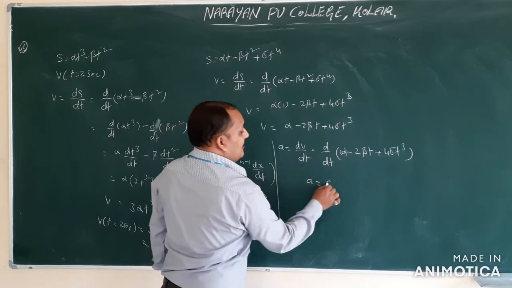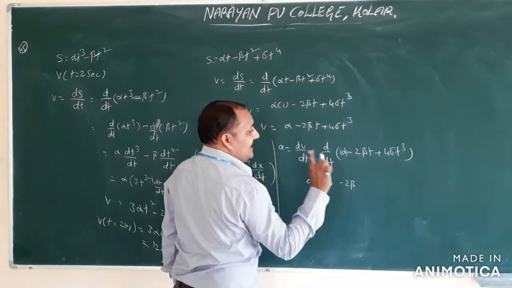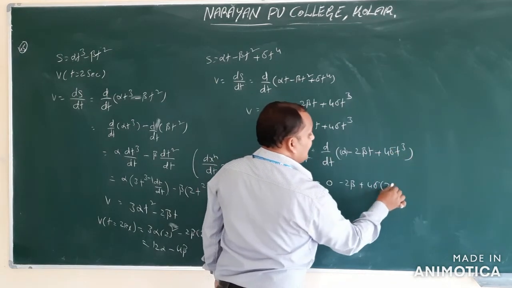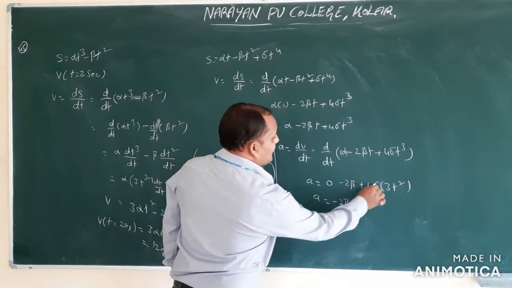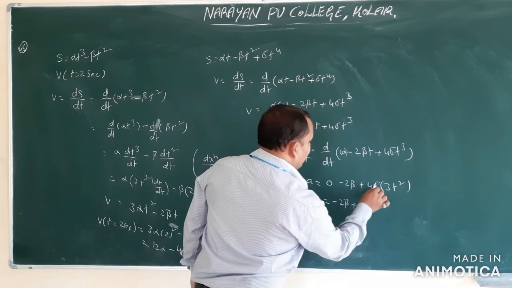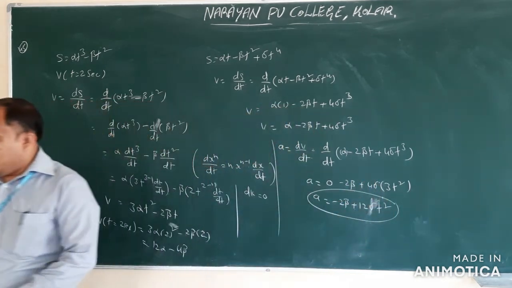Therefore, this is going to become 0 minus 2 beta, dt by dt is 1, plus 4 delta, d t cube by dt, that is nothing but 3 t square. Then A is equal to minus 2 beta plus 12 delta t square.